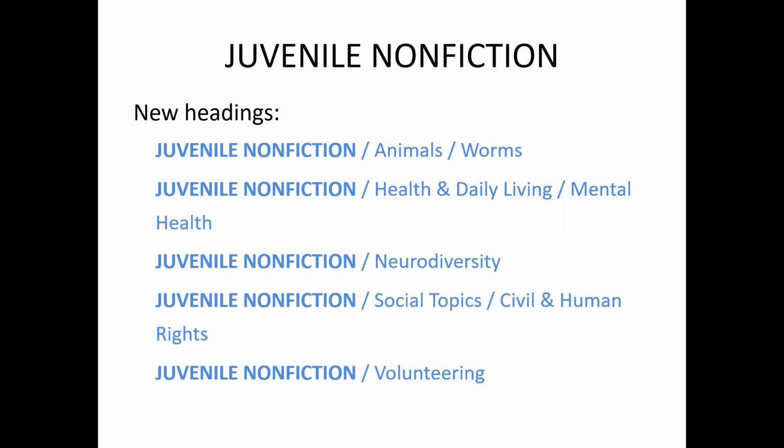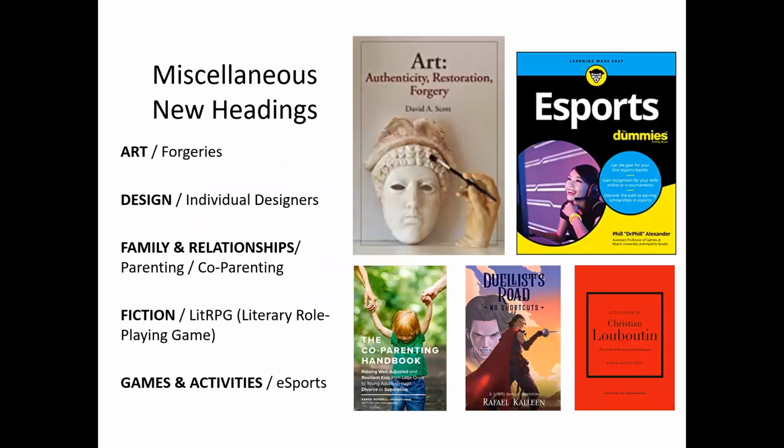So we do look at those and we add headings based on our discussions on those suggestions. Some of our miscellaneous new headings were art forgeries, design individual designers, family and relationships, parenting, co-parenting, and fiction lit RPG, which is literary role-playing game, and games and activities esports. And there is actually an esports for dummies.